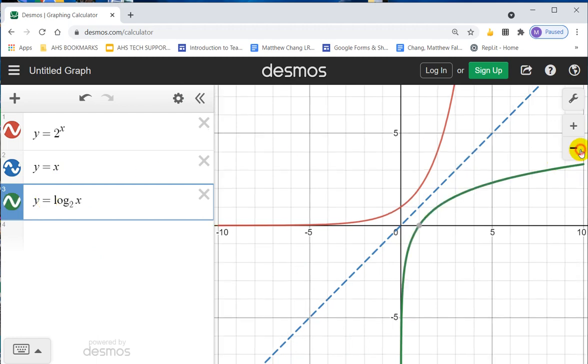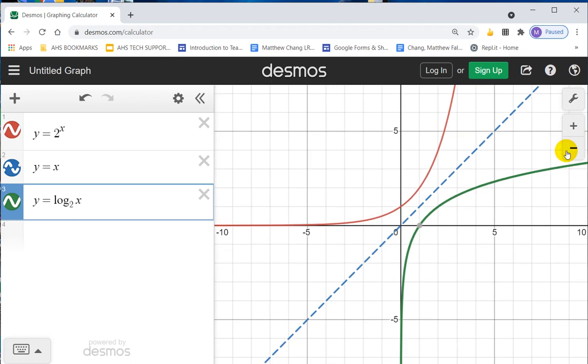Wow, isn't that so cool? When we create the inverse, we create a reflection across the line y equals x. That's why I wanted to show you that. It's pretty cool.